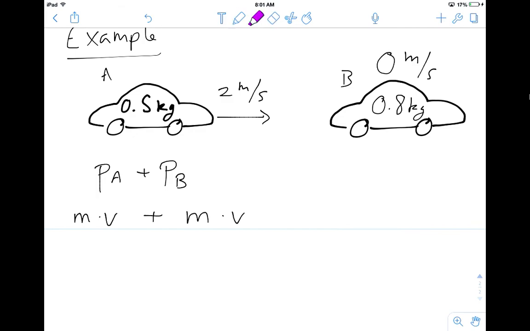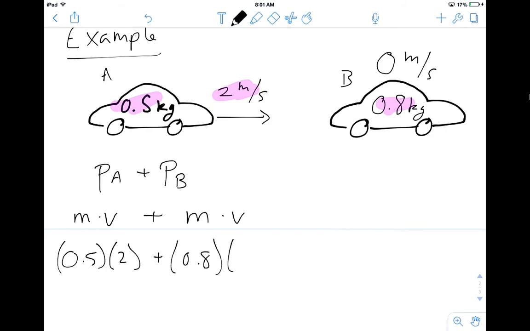Well, my first mass is 0.5, so I've got 0.5 times my velocity of 2, plus my second mass is 0.8, and my second velocity is 0. That came from there. And that's going to be equal to the mass times velocity of the two cars moving together.